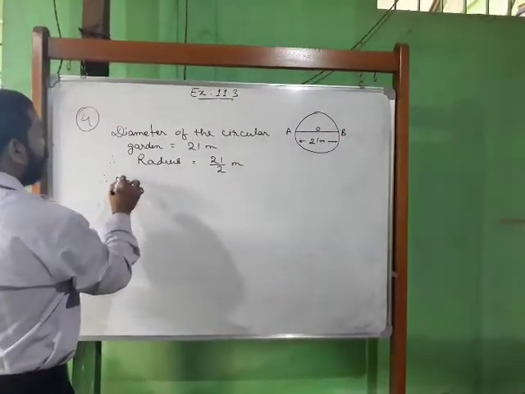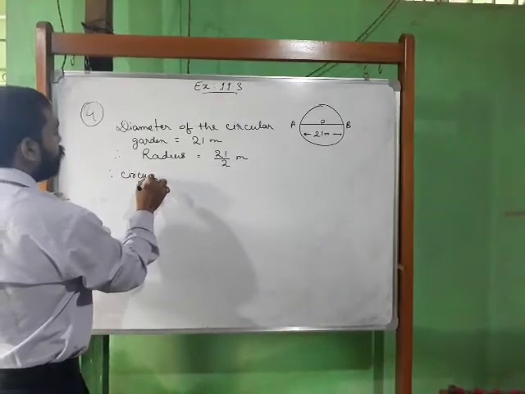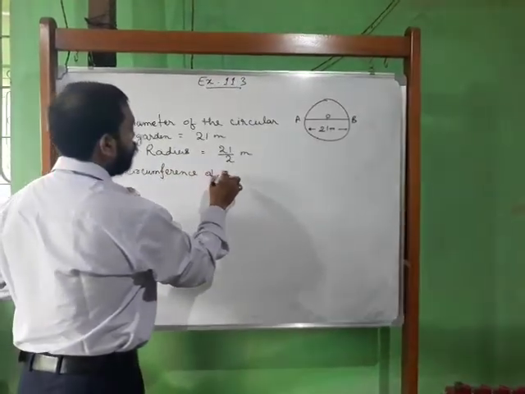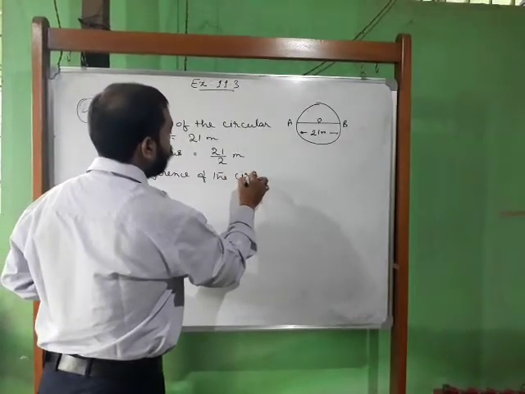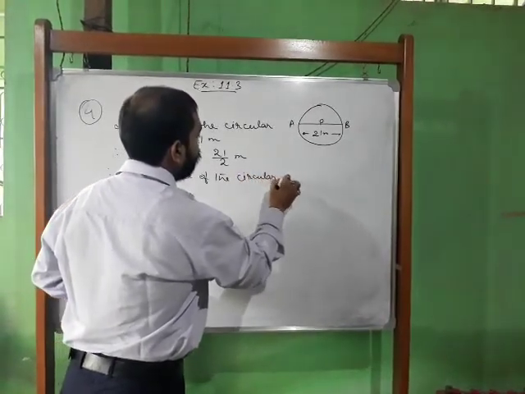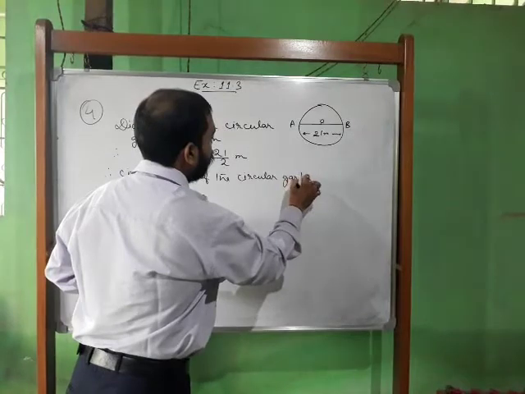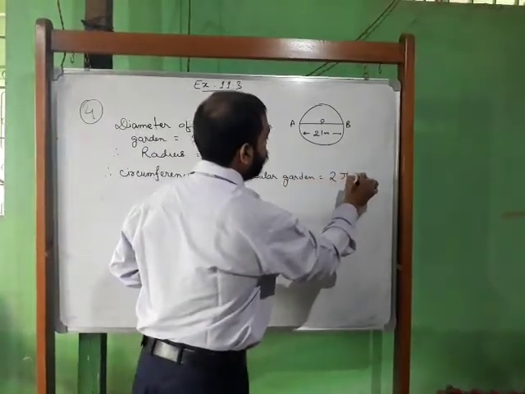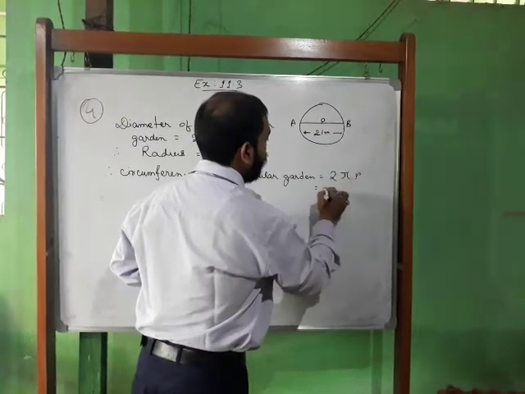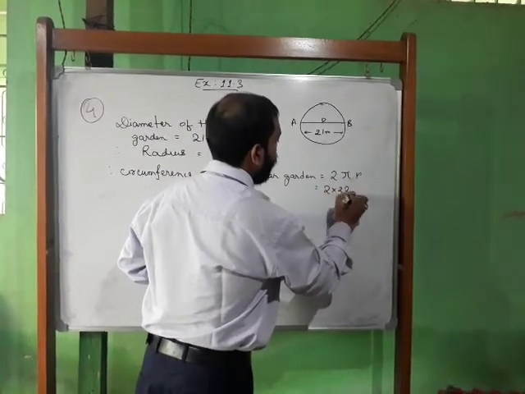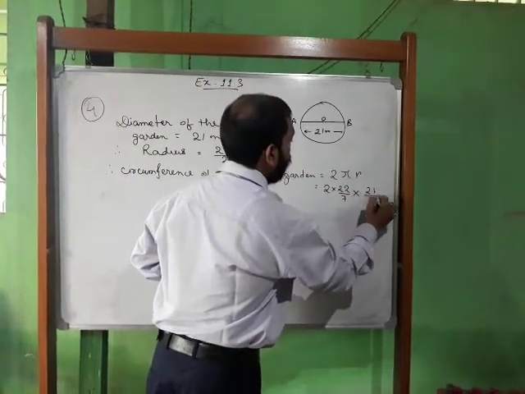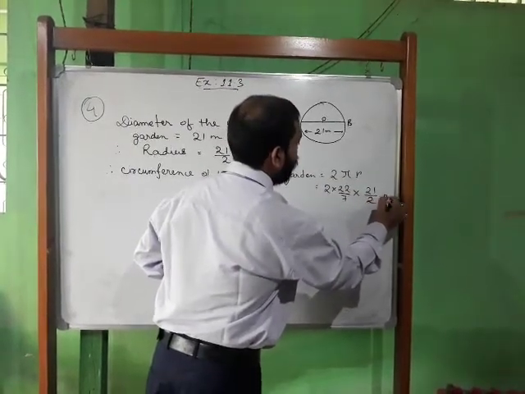Therefore the circumference of the circular garden is equal to 2 pi r, that is 2 into 22 by 7 into r, which is 21 by 2 meter.